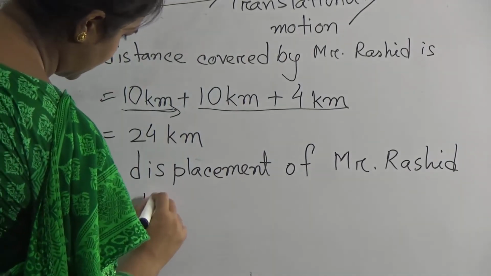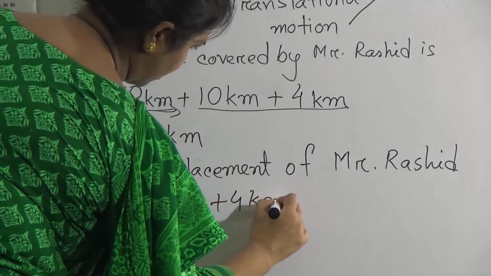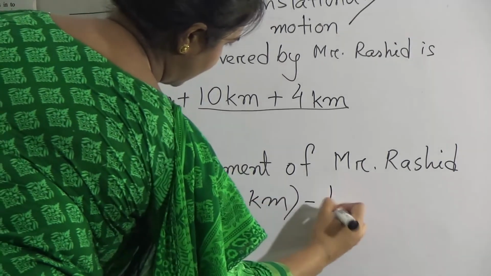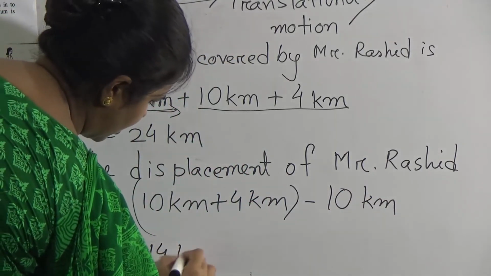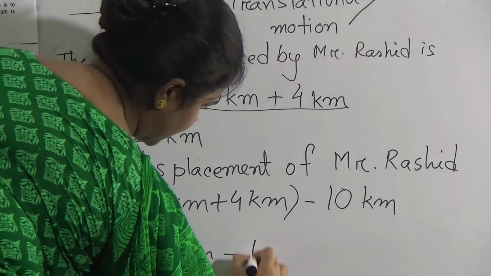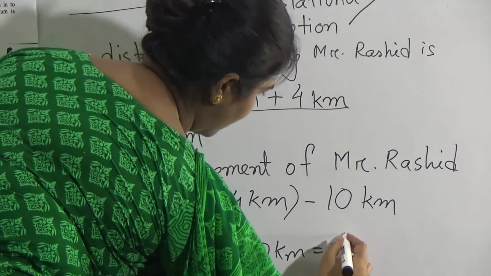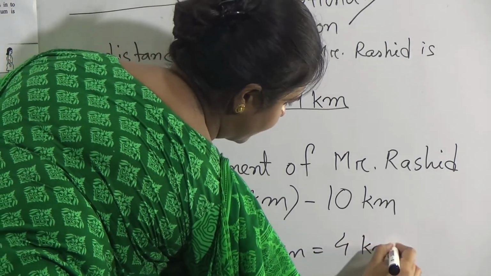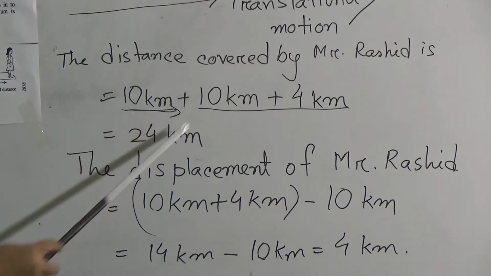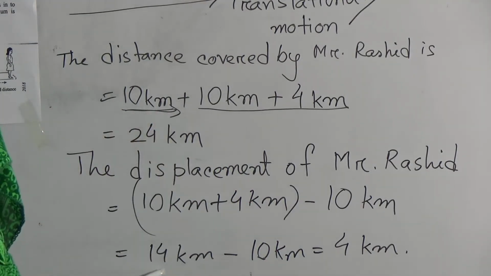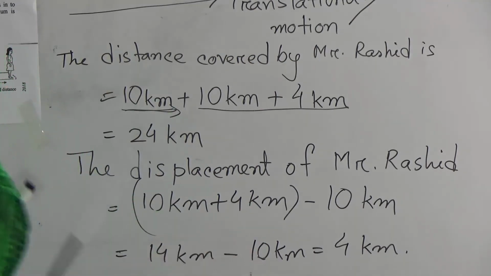That means 10 kilometer plus 4 kilometer minus 10 kilometer. It will be 14 kilometer minus 10 kilometer equal to 4 kilometer. That means distance covered by Mr. Rashid is 24 kilometer and the displacement of Mr. Rashid is only 4 kilometer.